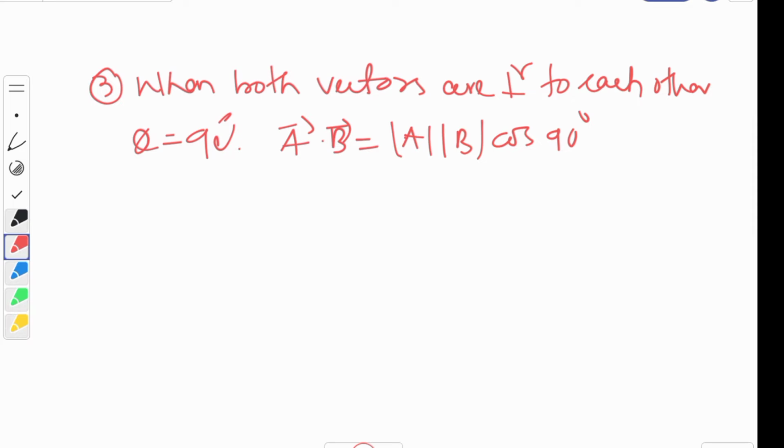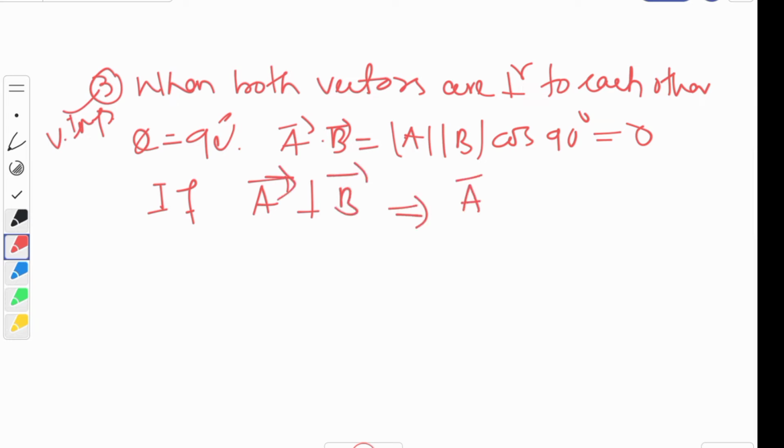We know cos 90 is 0, so it will be 0. Clear, children? This is a very, very important point. If A is perpendicular to B, the dot product of both the vectors will be 0. Now the fourth case.